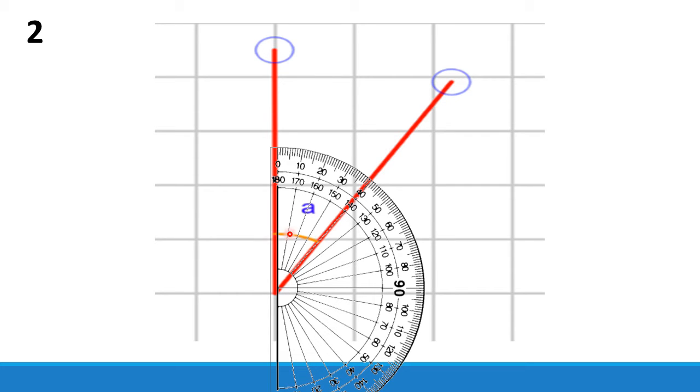You can see here that this is quite a small angle. Make sure you read from the 0, reading round 40 degrees. Once again, if you made a mistake and got 140, you should realise that this is a small angle, less than 90 degrees, so it's 40 degrees and acute angle.